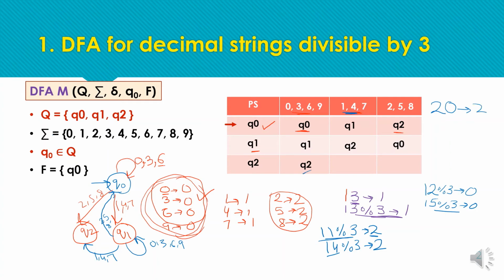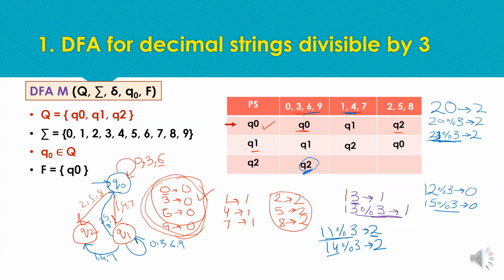Here we are moving to the state Q2. As the remainder modulus 3 is 2, we can check for any input, 2 with 3. 3 is from the same set. On getting the 3, it is forming 23, and 23 modulus 3 is 2. So we need to add the Q2 for this set of input symbols.